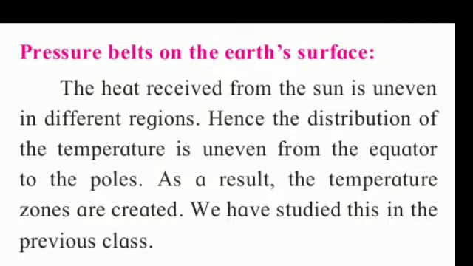Right? Not only this, students, the heat received in a particular region is also different in different regions. Is it the same? The heat received in one region, is the same heat received in a different region? No. So it is also different. If the sun's heat is uneven, the distribution of temperature is also uneven as we move from the equator to the poles.